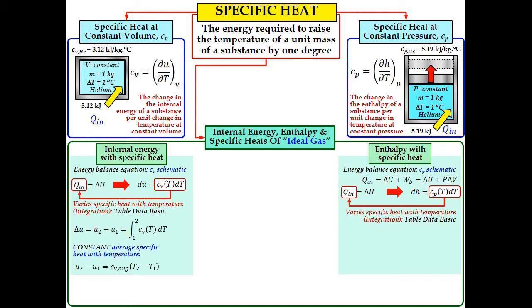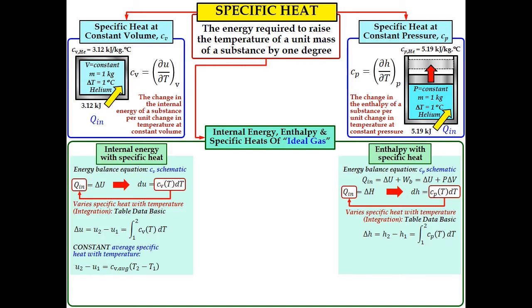For variable specific heat with temperature, if we integrate the equation, we get the equation for delta H and Cp(T). This equation is used as the basic equation to determine the data for the thermodynamic table for the ideal gas. So we have delta H equal to H2 minus H1 equal to the integration of Cp(T) dT.